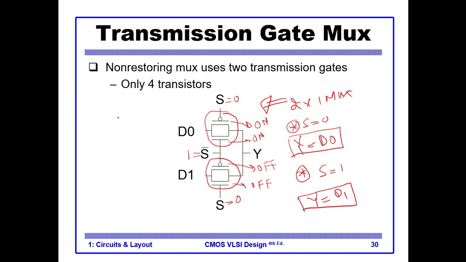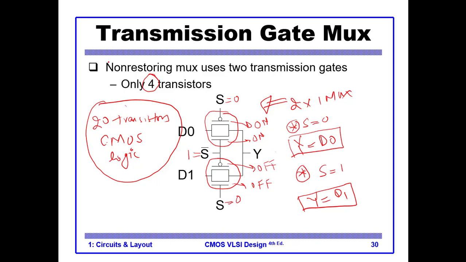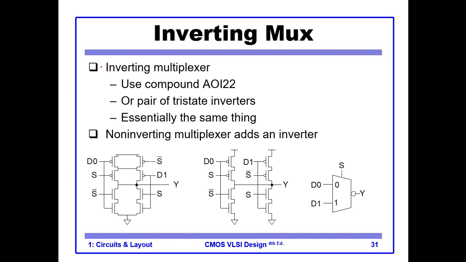The good thing is it only needs 4 transistors compared to 20 transistors if you do it with CMOS logic. What is the downside? The downside is that transmission gates are non-restoring, so they are vulnerable to noise. Similarly, we can develop an inverting mux.